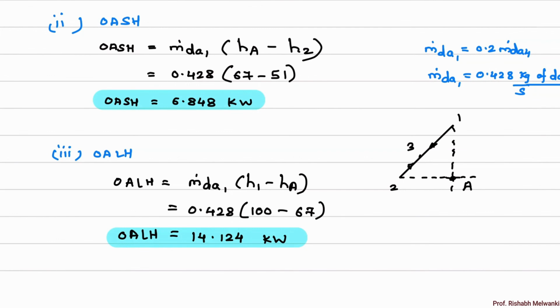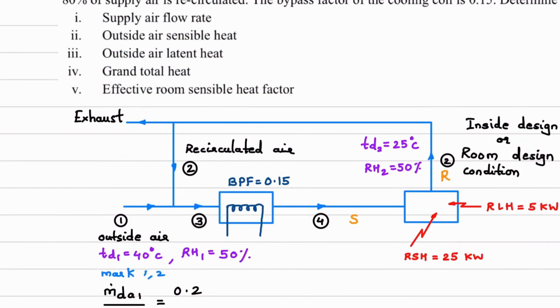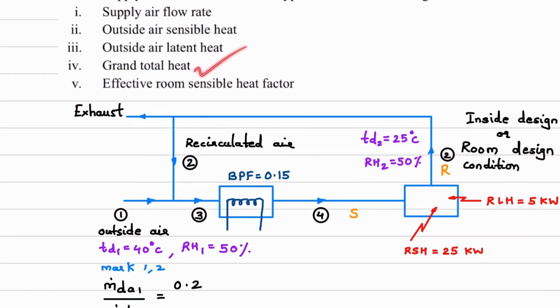This we got using this line. If we have 1 to 2, then outside air sensible heat will be m dot dA1 into HA minus H2, and outside air latent heat will be m dot dA1 into H1 minus HA. Then the next question was grand total heat, which is total sensible heat plus total latent heat.